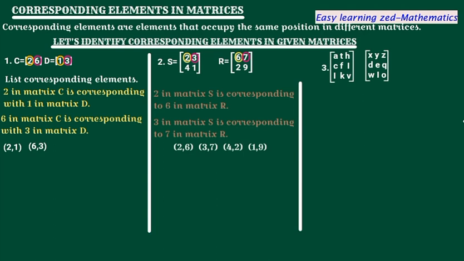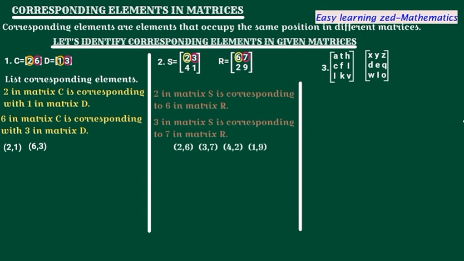Now let's identify corresponding elements together of these two matrices. Okay, so I'm not going to write the statements and I'm not going to circle, because circling was just there to make it easier for you to understand. Now let's try to identify the corresponding elements in these two matrices without circling or writing the statement.